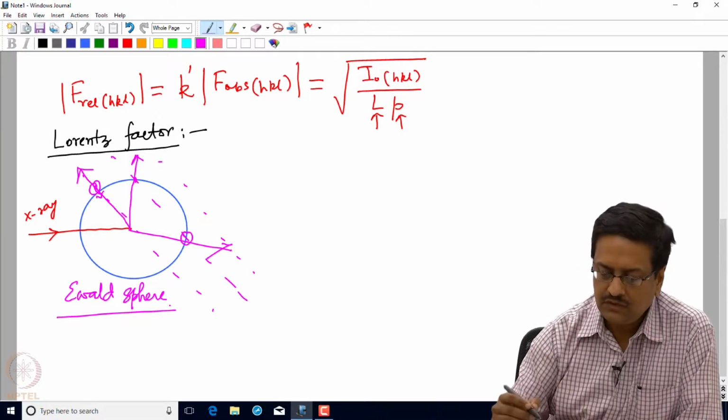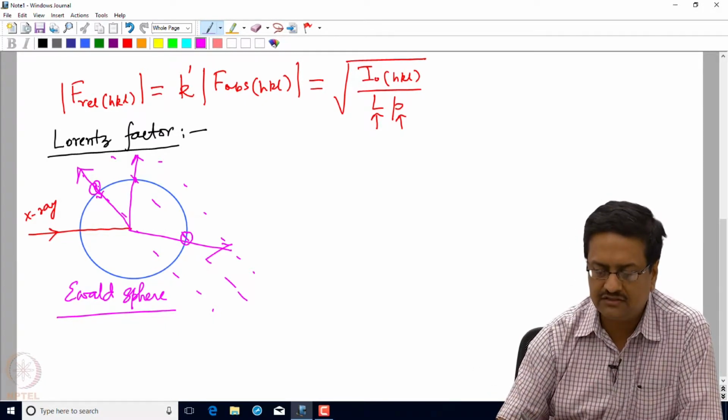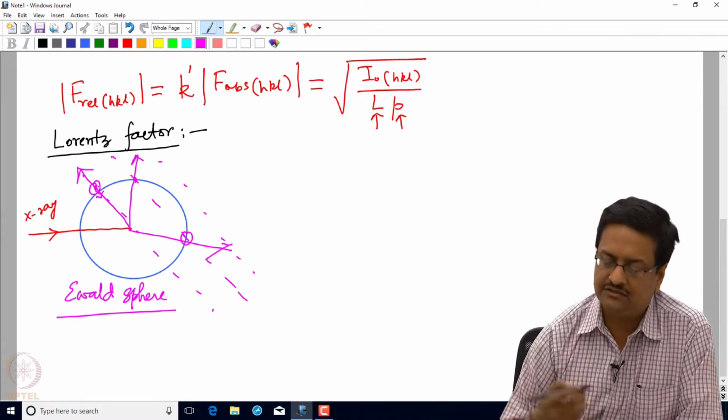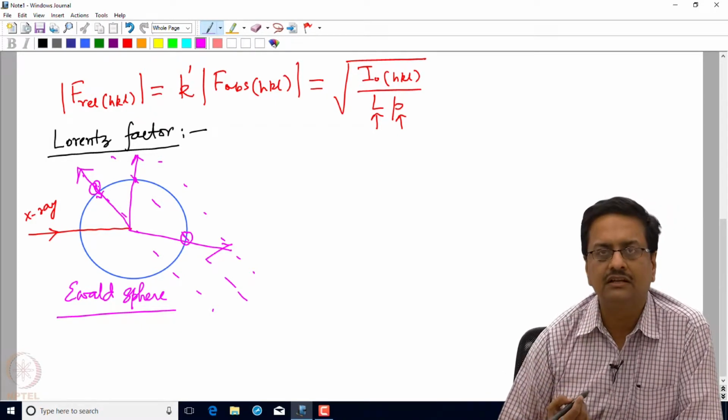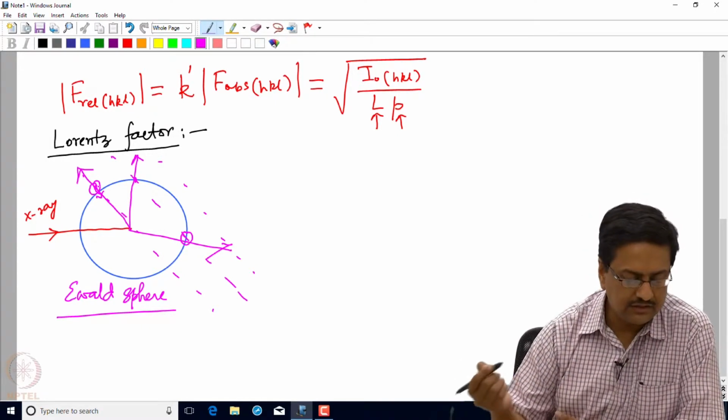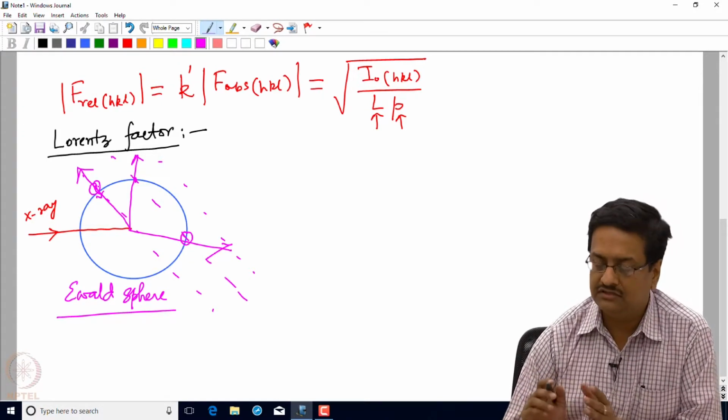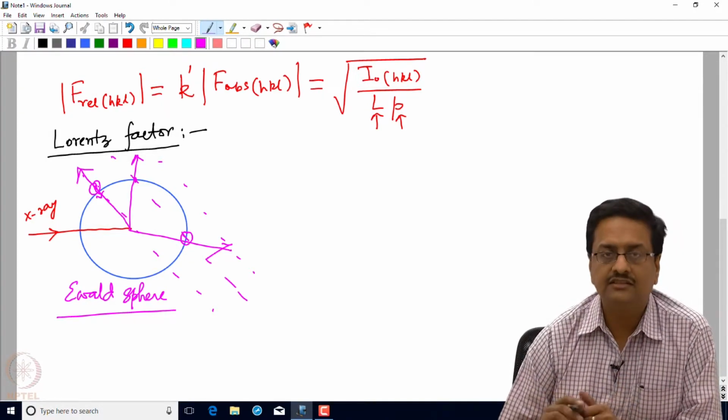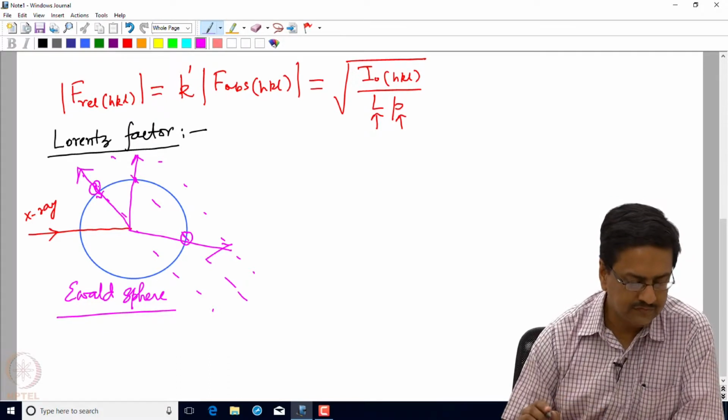The time taken for each of those reciprocal lattice points passing through the Ewald sphere is different, and that difference in time is dependent on where the reciprocal lattice point is.